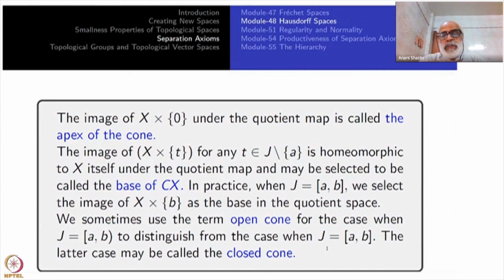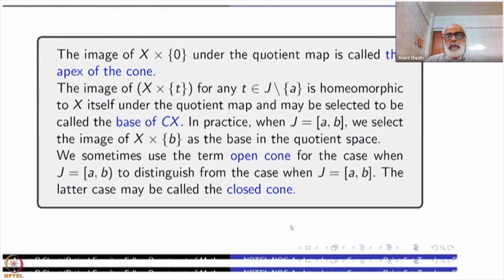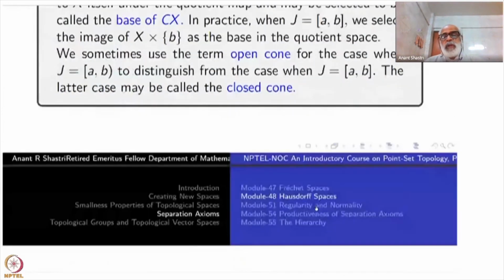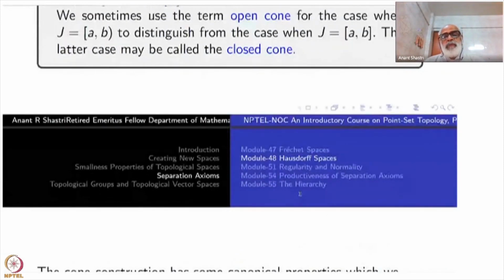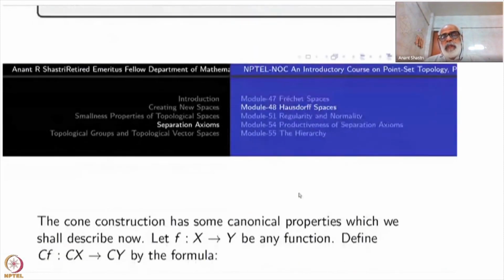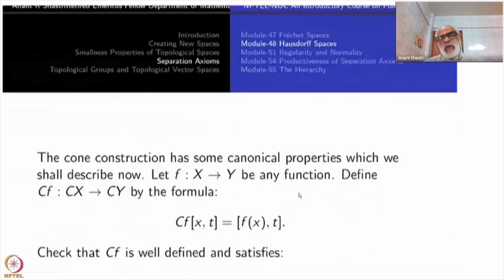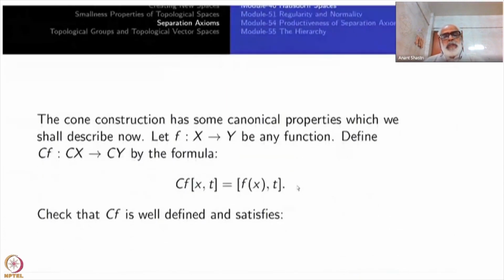So the definition is generalized: instead of X being a circle, you can take any topological space and do this. The cone construction is one of the very, very important things, especially in algebraic topology, also in topology. It has some canonical properties which we shall describe.